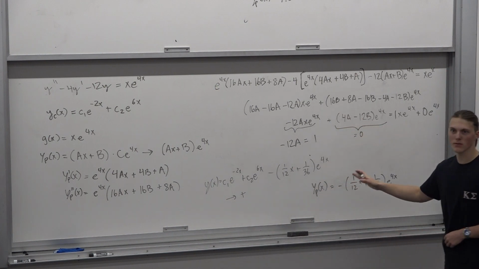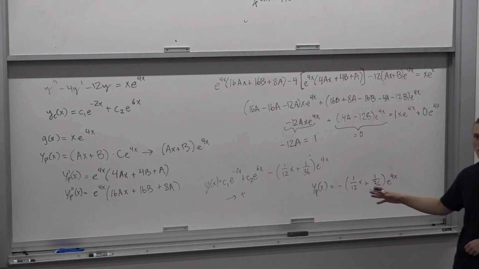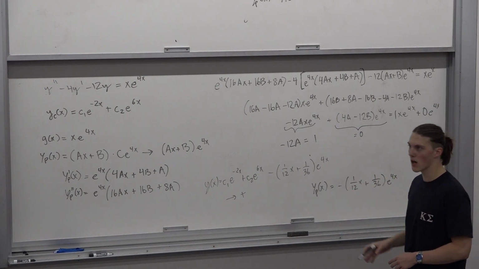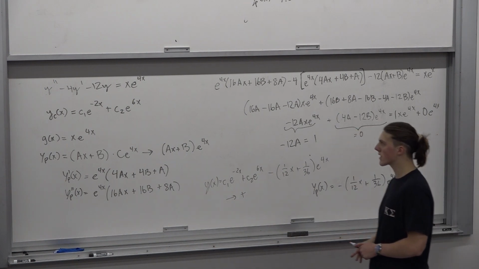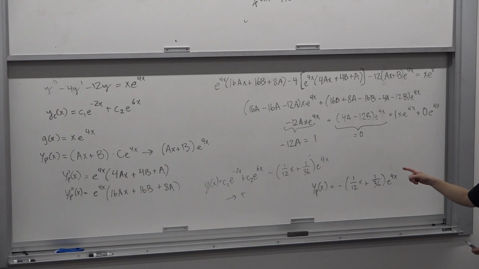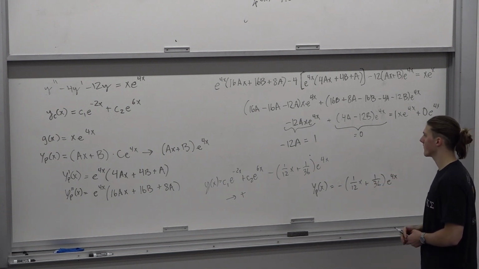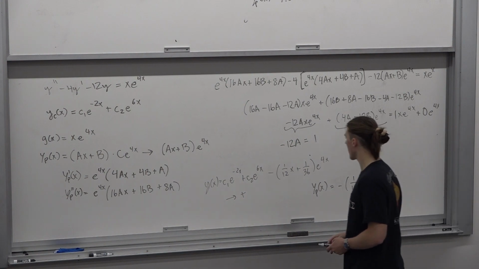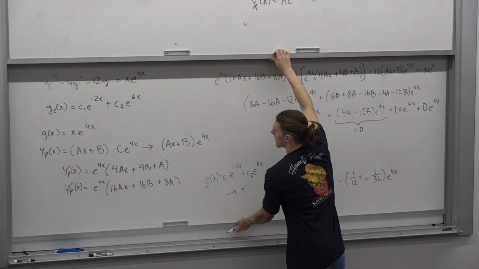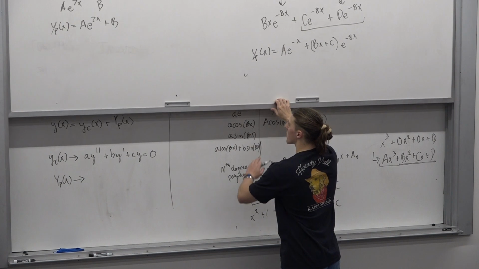So this is your general solution. And so now if it was an initial value problem and you had your conditions at the start, this is when you would start solving for them once you arrive here. Okay, thank you. All right, one last example.